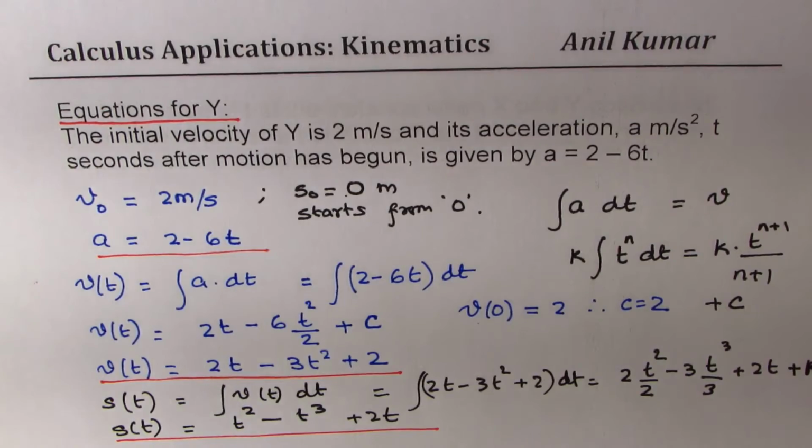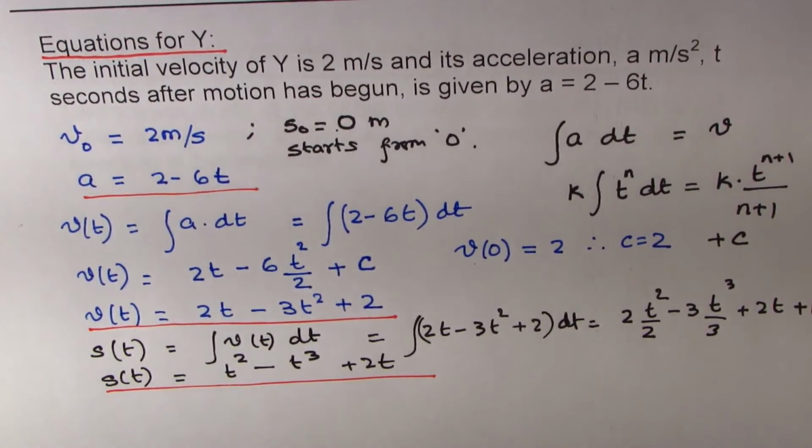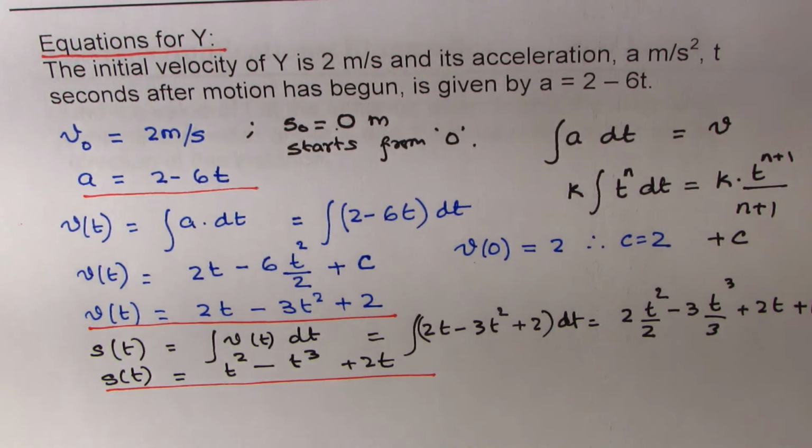So we have got the expressions for displacement and velocity. Let me push it forward so that you can clearly see them. And now the question is, when do they collide? Now the time when they collide will be when their displacements are exactly the same at a particular instance of time.